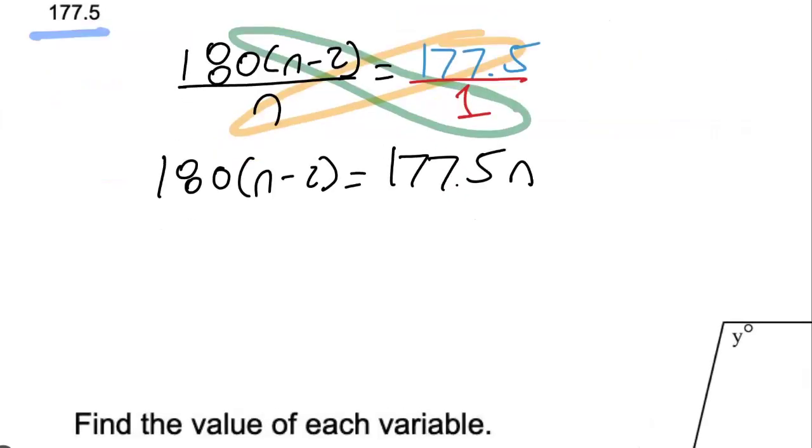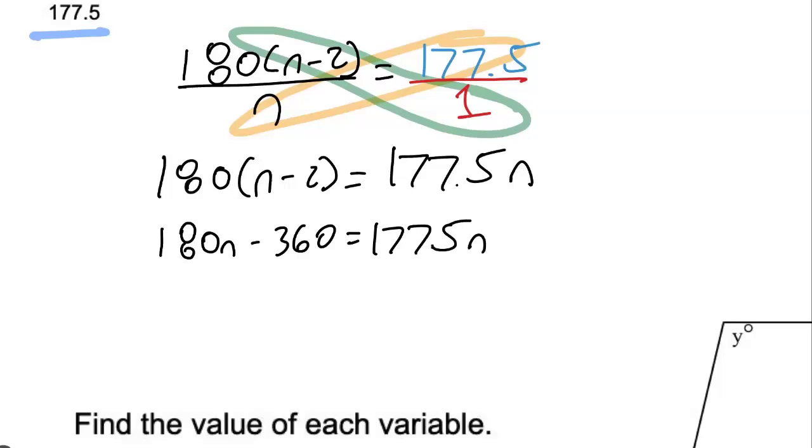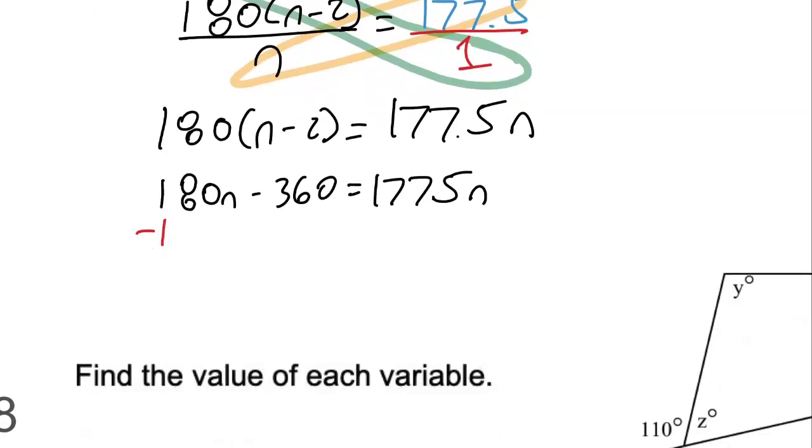And honestly, the left side doesn't change. It's 180n minus 360. Subtract 180n. Negative 360 gives us, this one you actually have to use a calculator, minus 177.5, negative 2.5n.